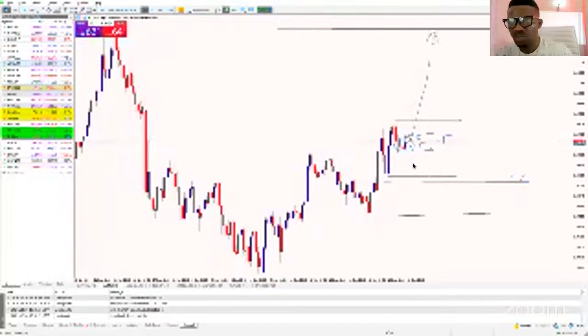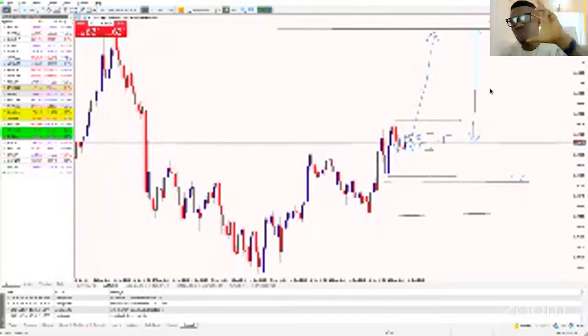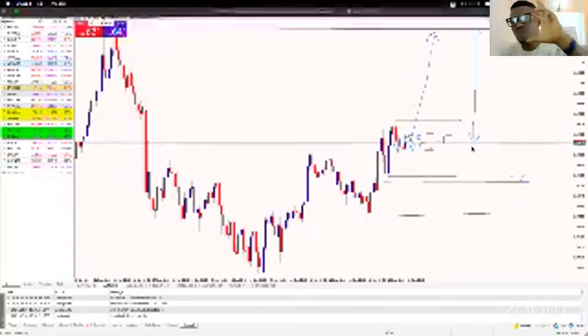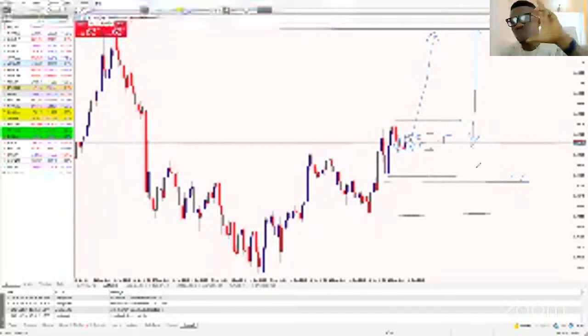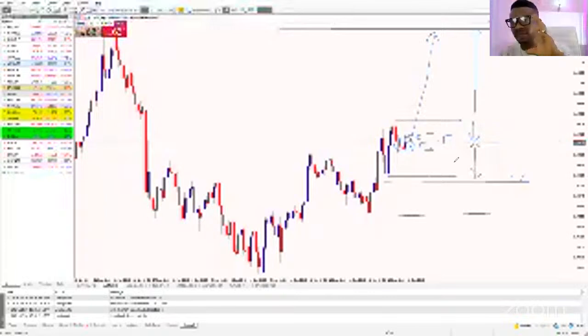So in this case, you now have the distance between your entry and your stop and your take profit. This is your take profit. You can see how wide that distance is. It's a big probability. Then you look at the distance between your entry and your stop loss. You see, it's a small distance. And your stop loss is a proper stop loss because there's a support there.